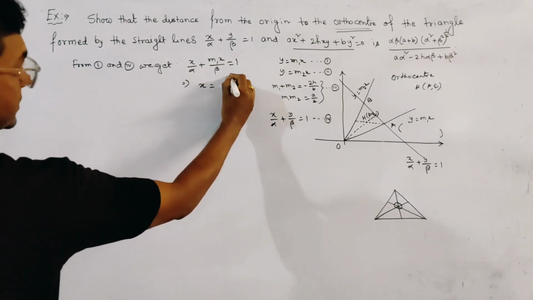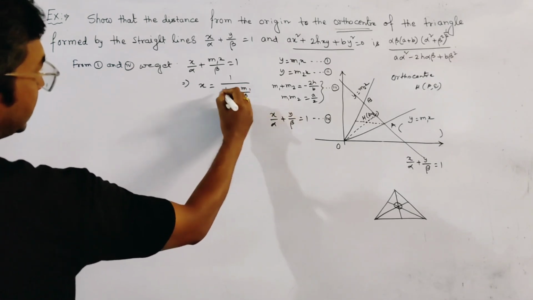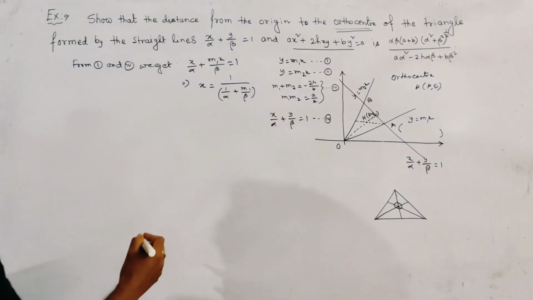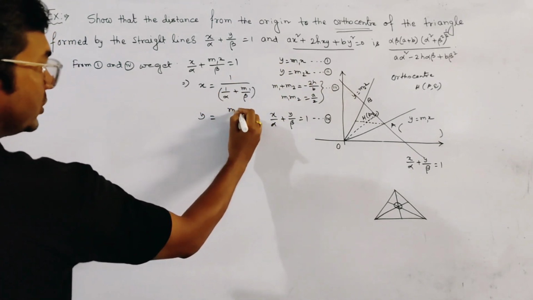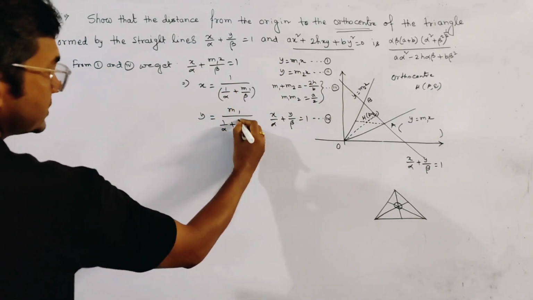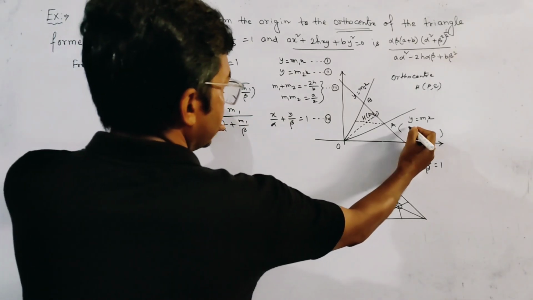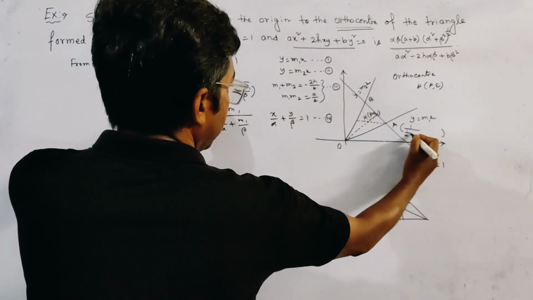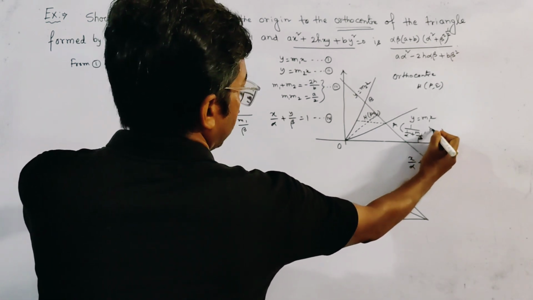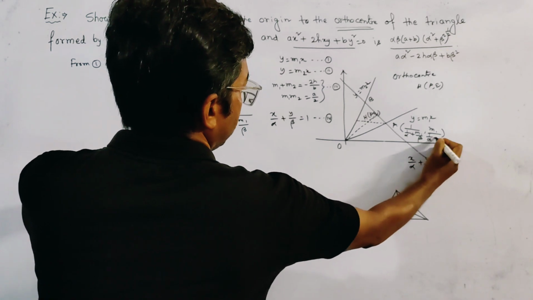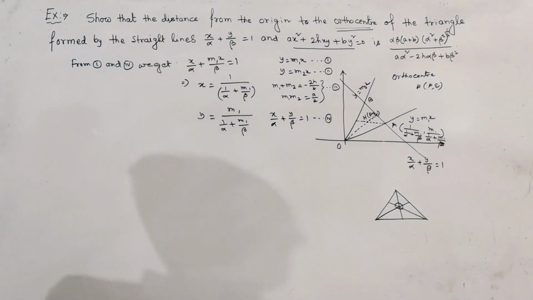So obviously x = 1/(1/alpha + m1/beta). Then from 1, y = m1/(1/alpha + m1/beta), and the point of intersection is (1/(1/alpha + m1/beta), m1/(1/alpha + m1/beta)). This is the point A.